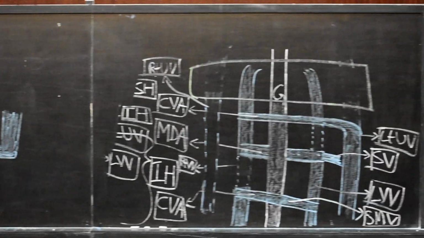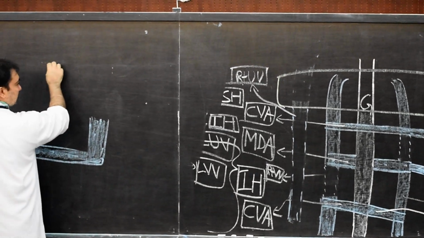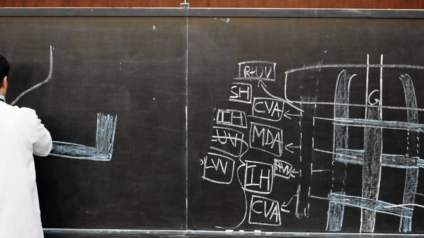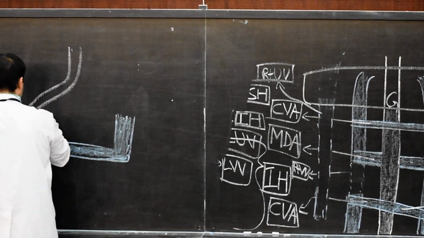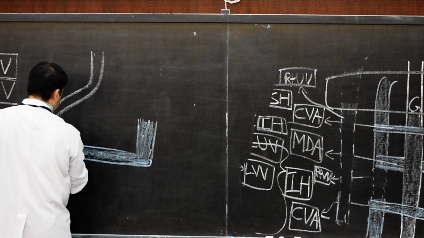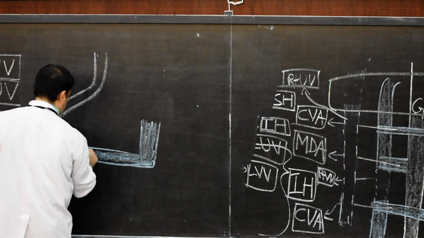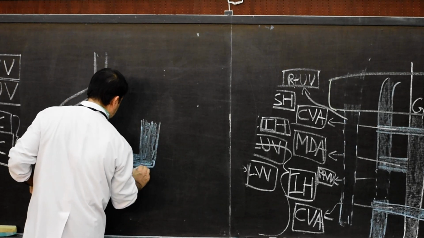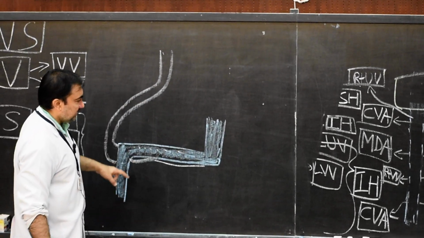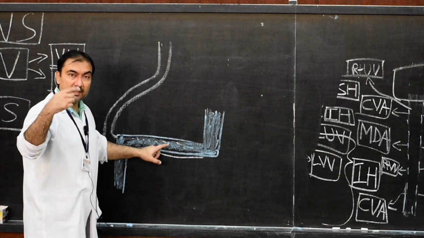Now what about the duodenal loop? See here, this entire duodenal loop will be falling like this, and this is how it will be lying. Therefore, the superior mesenteric artery will cross the third part of the duodenum from the anterior side.